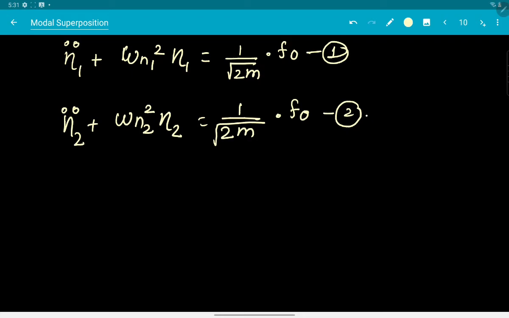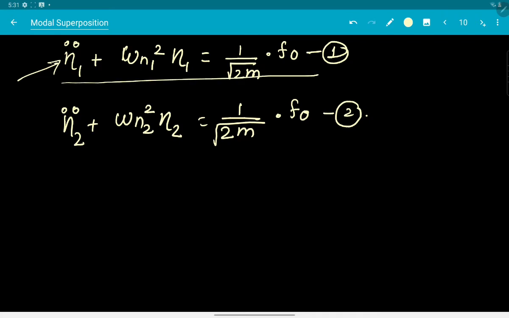Now consider that these are two different single degree of freedom systems. Solve these two single degree of freedom systems independently, and then we'll superpose these mode shapes and get the solution which is x1 and x2. Now this is a non-homogeneous equation.